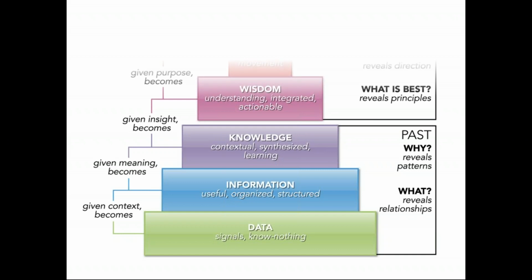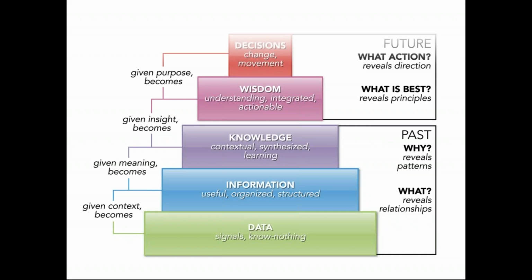With wisdom only we make the decisions, either right or wrong. So at the very lowest level, we have data, which when processed gives information. And information leads to knowledge, knowledge leads to wisdom, and with wisdom we make the decisions.